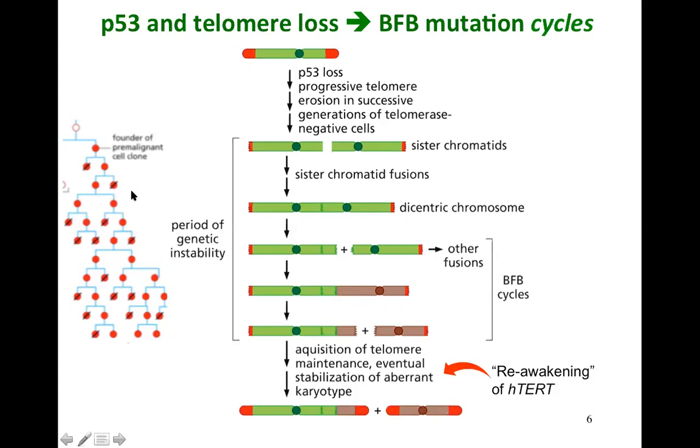And that's why it takes many, many generations to build up the combination of random mutations that eventually will lead to full-blown cancer. So an important thing to keep in mind, though, is this whole intermediate phase, this period of genetic instability, can only go on for so long before the cancer cell itself is so messed up that it can't even survive anymore.